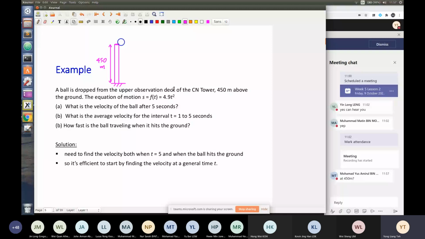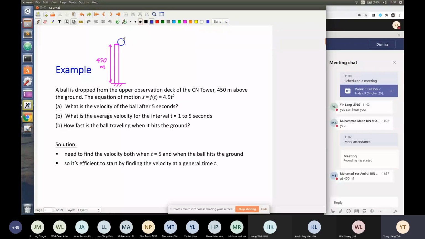Conceptually that is correct, but you have to be careful when you say at 450 meters. So let me answer that. At 450 meters is correct, and the direction of S matters. So the origin is actually here. Let me use blue.